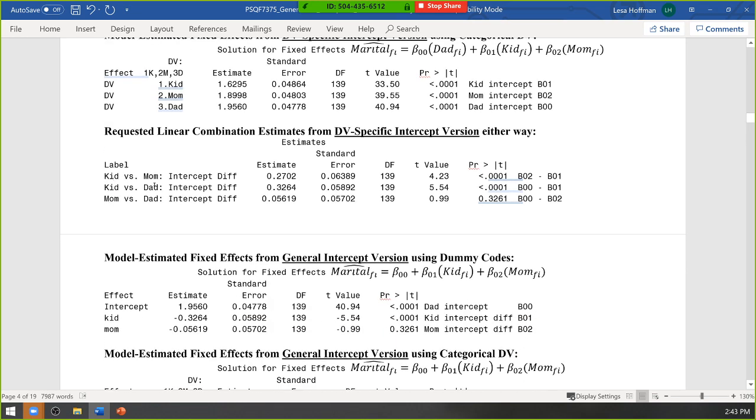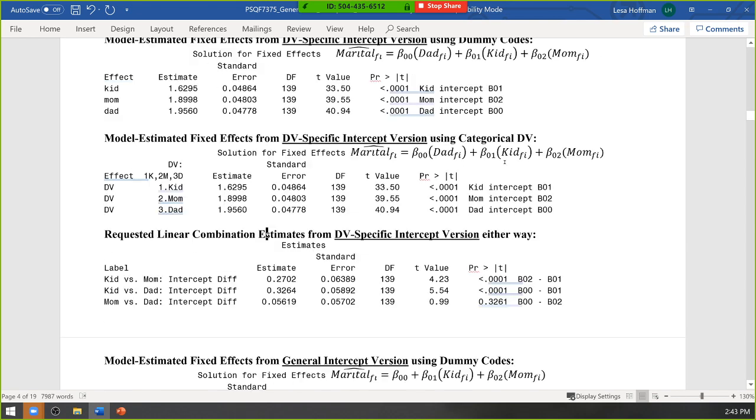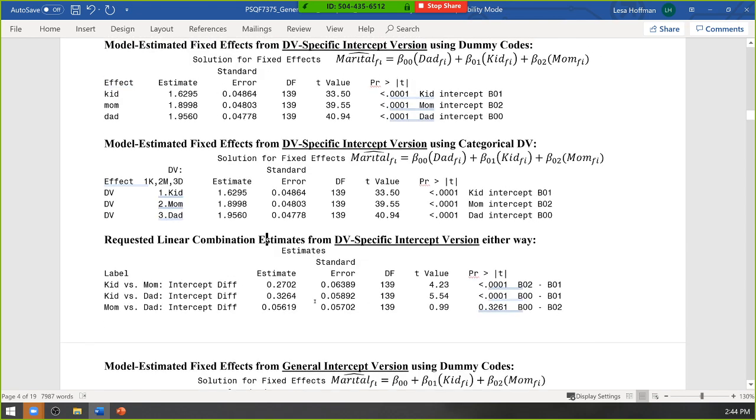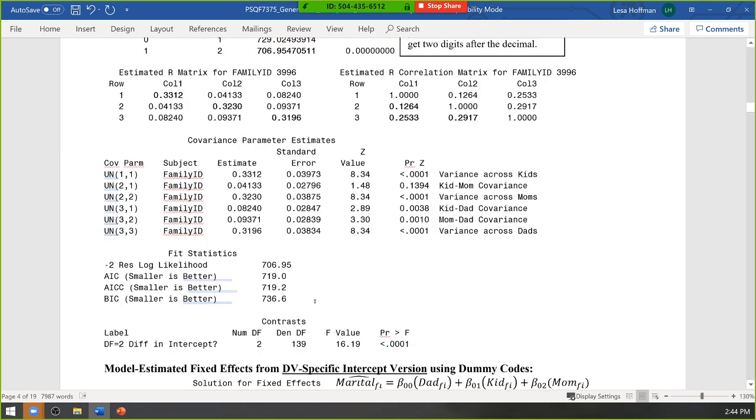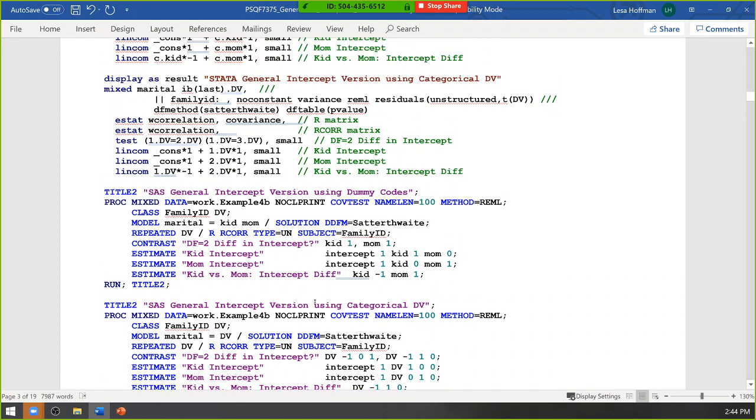Kid versus mom, kid versus dad. Those turn out to be the same either way. Okay. So that's the new way of doing things where it tells you what the intercept is per DV directly. If you want to know if they're different, you have to ask for that as linear combinations.